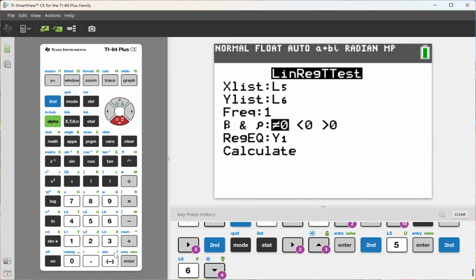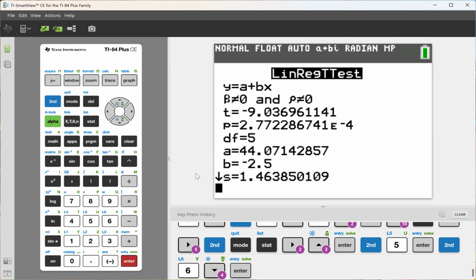And then let's calculate. All right, so we got all sorts of information here, but what is it wanting? It's wanting R, and it's wanting the p-value. So the p-value is right here. It's 2.7723. See that -4 over there? Times 10 to the -4.